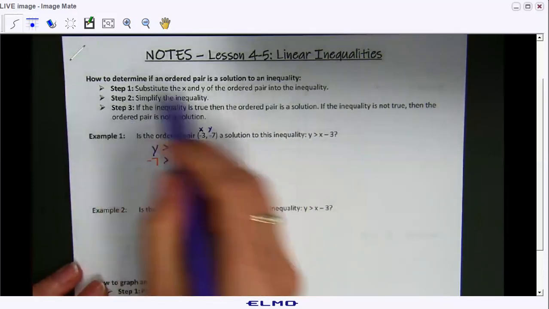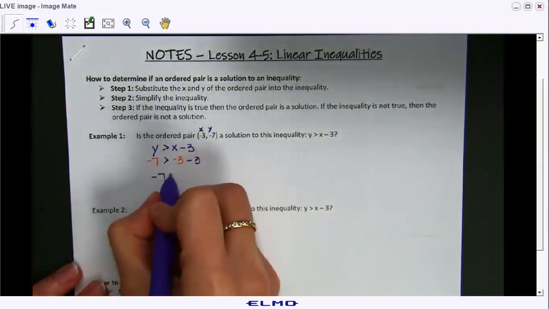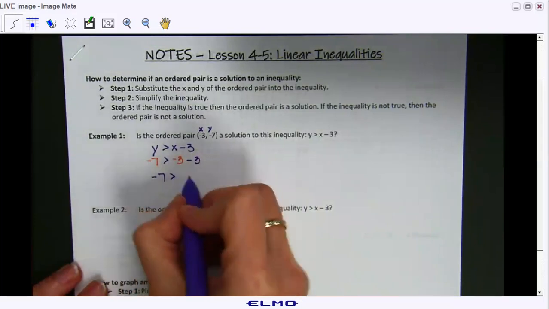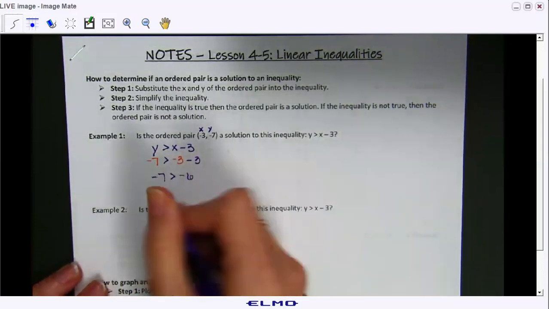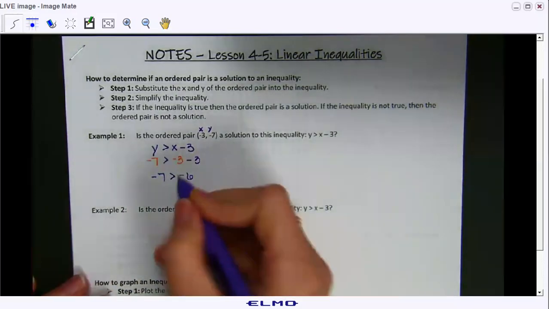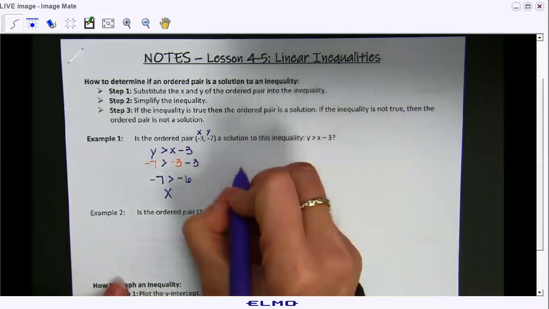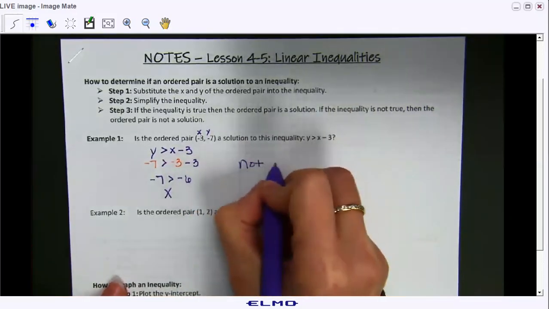Okay, so we did that step one. Now we're going to simplify the inequality. We end up with -7 is greater than -3 minus 3, and that's -6. Is this inequality true? No, it is not true. Okay, so you would write here, not a solution.